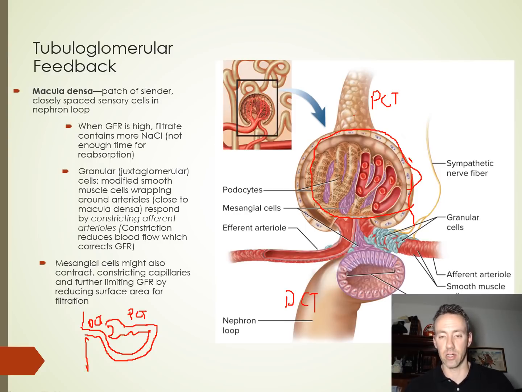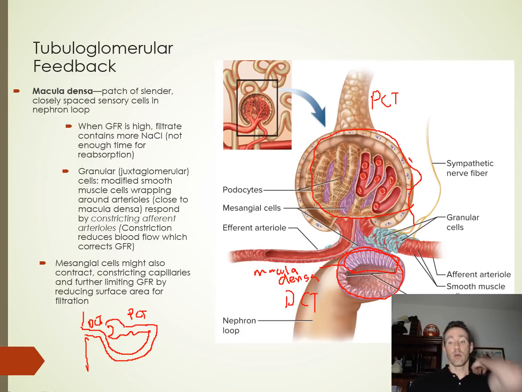As you can see in this cartoon, this is the initial portion of the distal convoluted tubule, which I'm circling in red. And these specialized cells right here, which are important, are called the macula densa. That is where this all starts. So let's say, for example, GFR is increased. That means there's increased flow going through the tubule lumen, which leaves less time for reabsorption, as I told you previously.